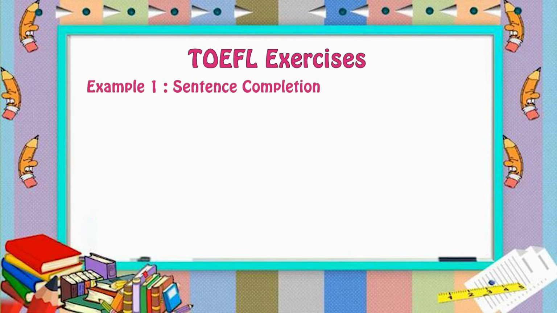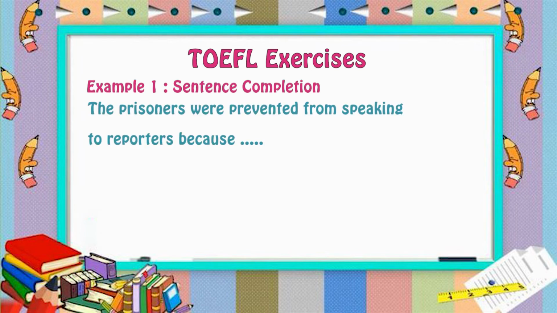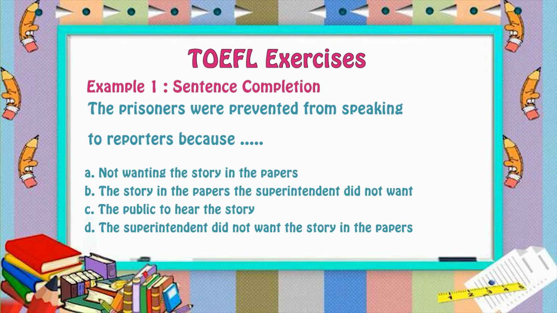Example number 1. Sentence completion. The prisoners were prevented from speaking to reporters because blah blah blah. Let's see here the sentence. The prisoners were prevented from speaking to reporters.